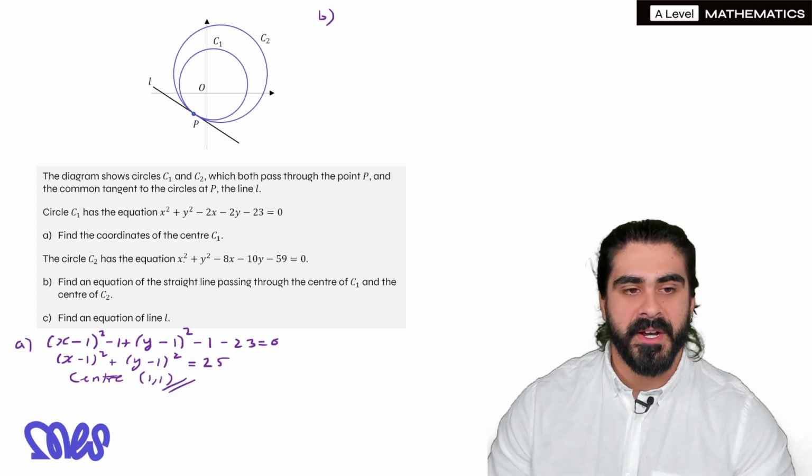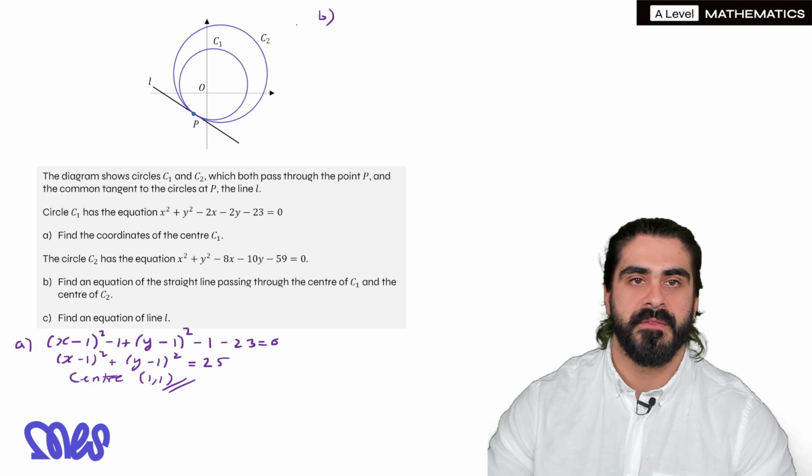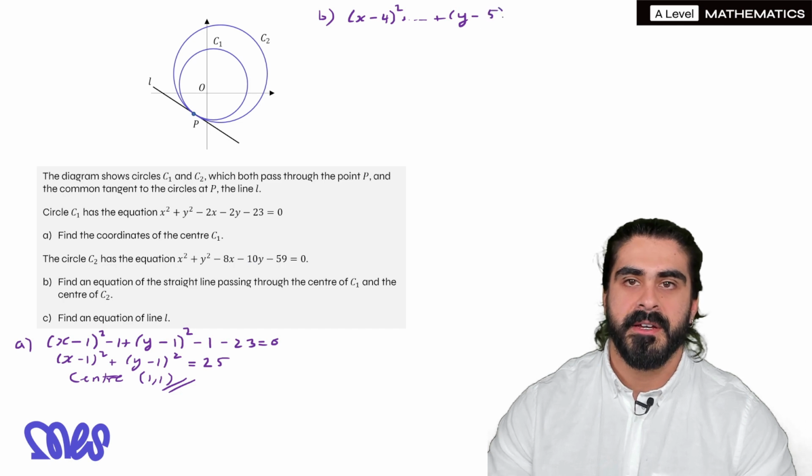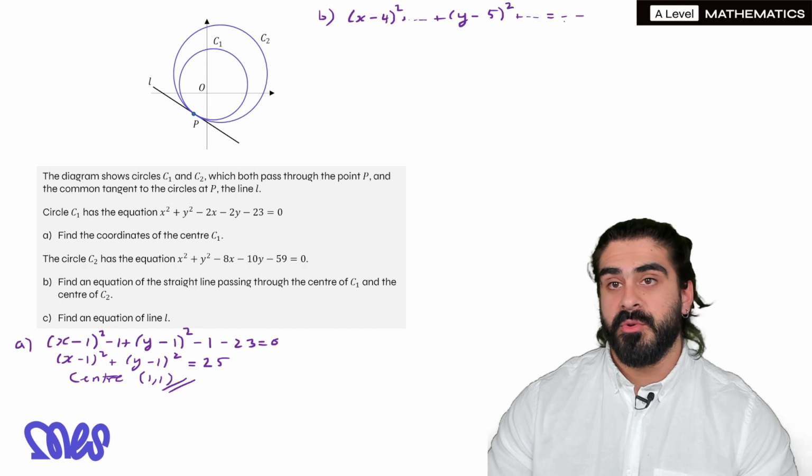To find the center, we just need to halve the coefficient of x. So we would have done (x minus 4) squared, then written plus something. Then y minus half the coefficient of y, which would be 5, squared, plus dot dot dot equals something, or equals 0 in this case.